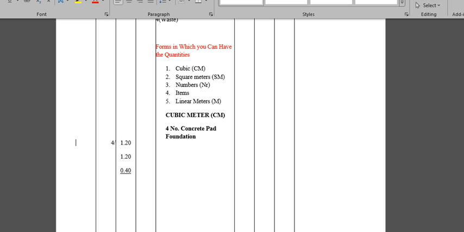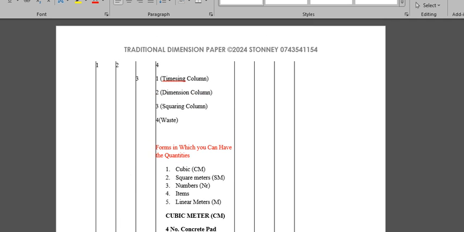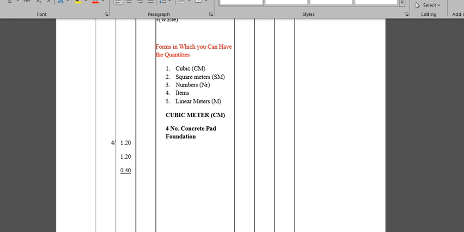Let's first finish on this. So 4 times 1.2 times 1.2 times another 1.2. That is when you utilize the third column, which is the squaring column. So you are basically multiplying all the items that you have in the dimension column and also what you have in the timesing column.